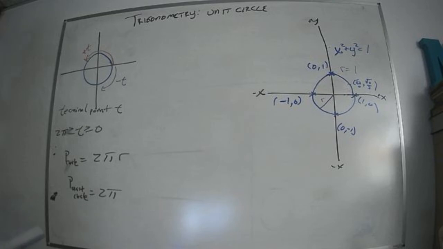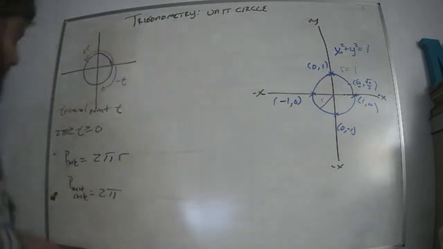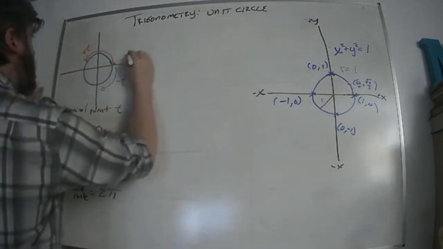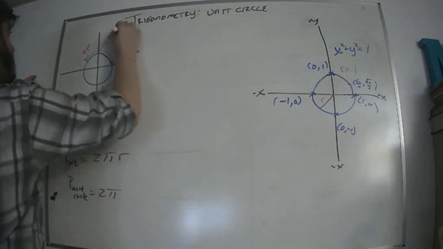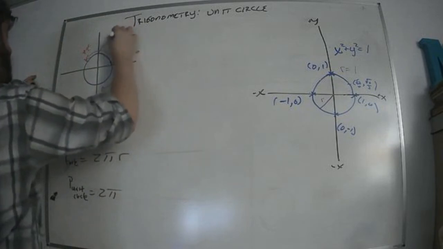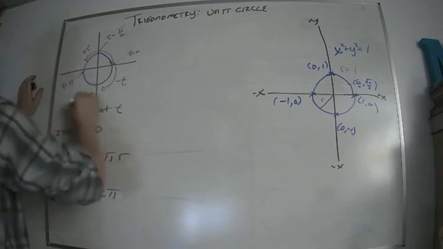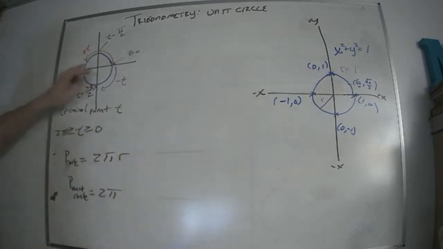So first, we can define some of these points a little more clearly. I can define here as t equals 0. Here is t equals pi over 2. Here, t equals pi. Here is t equals 3 pi over 2. And as we come back around, t equals 2 pi.